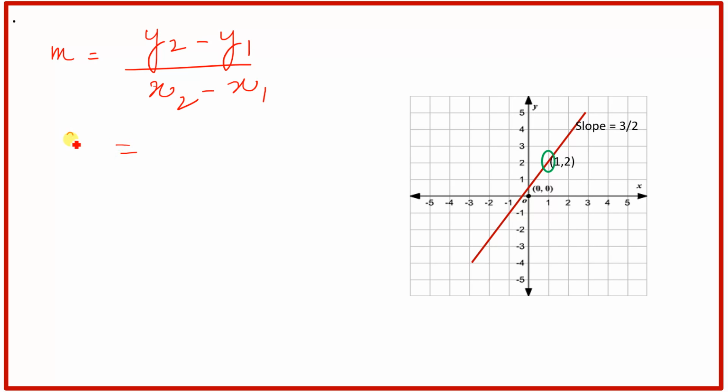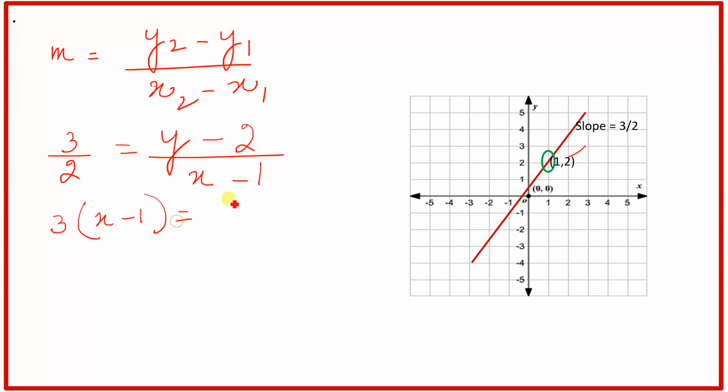But we have slope 3 over 2 given. y2 is not given, right? We have only one solution set. So y minus 2, because this is y and this is x, and here x minus 1. Again cross multiply it, we will get the equation of line.